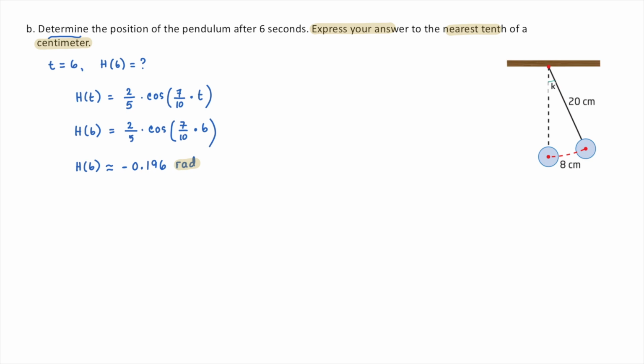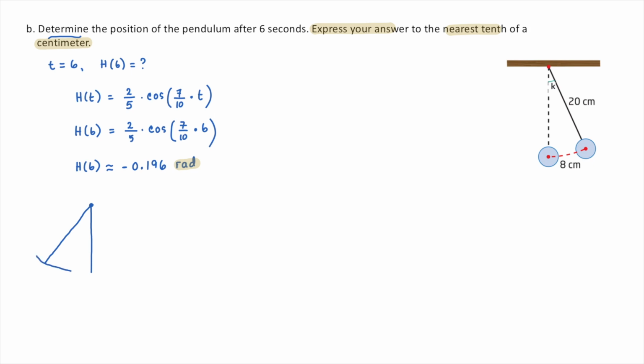So then, remember the connection to arc length. So here is the vertical. Now the angle that we're dealing with is negative, so I'm going to position it here on the left.